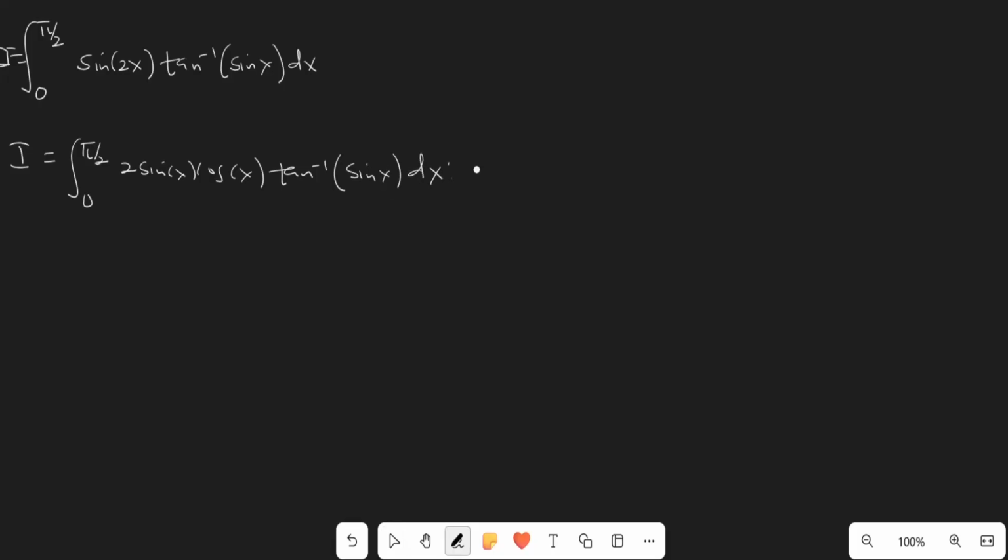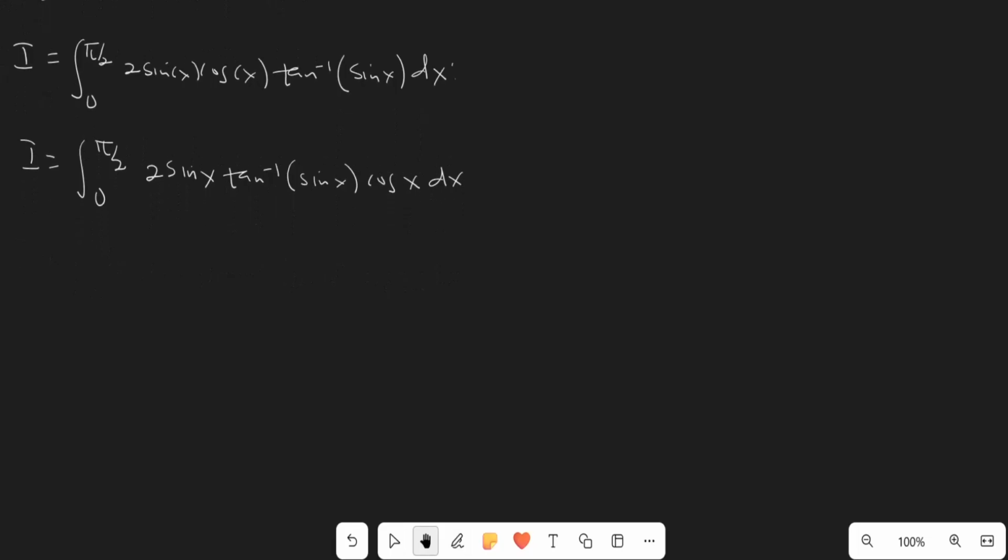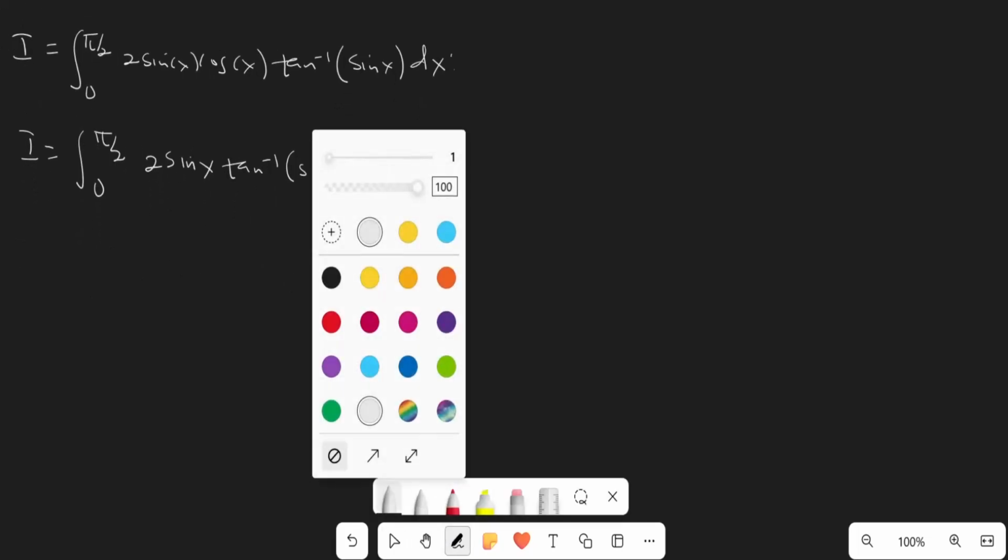And what am I going to do here? I can rewrite this as I is going to be the integral from 0 to pi over 2 of 2 sine of x, tan inverse of sine of x, and I'll bring the cosine of x all the way at the back, and dx. So I'm now going to do a u sub here.